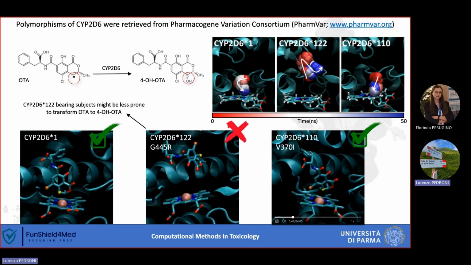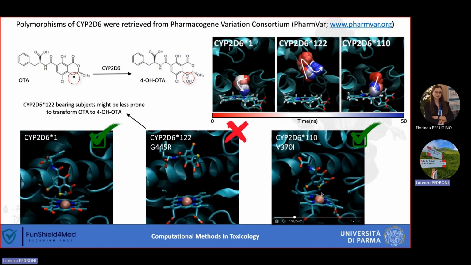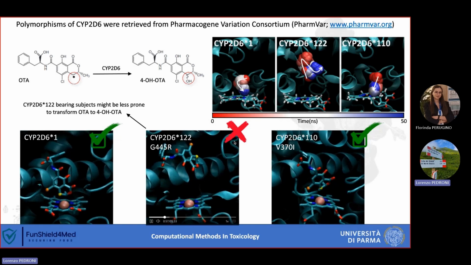And instead, in CYP2D6 110, we can see how close this yellow atom, so the reacting atom, is kept.